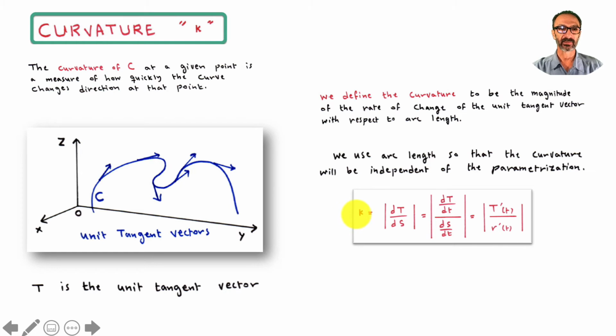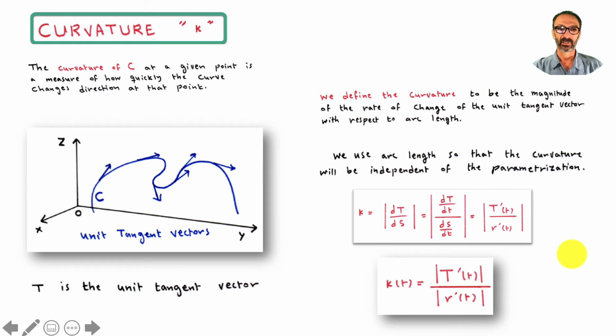So kappa is dT/ds, where T is the unit tangent vector and s is the arc length. If you write dT as dT/dt and ds as ds/dt, now we have a different form. This would be called T prime of t, and this would be called r prime of t. So in short, the curvature has different formulas, and here's one of them.